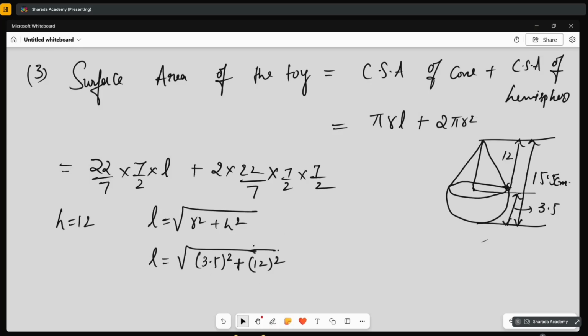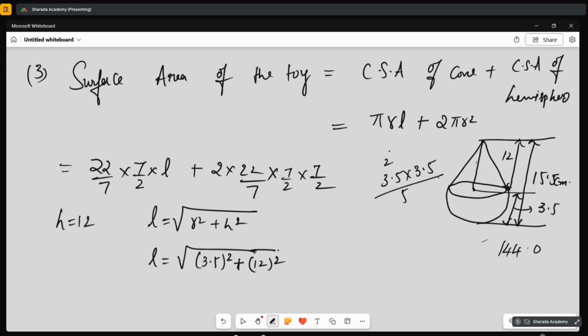So how much will that be? What is L you are getting? 156. Root of 156.25.